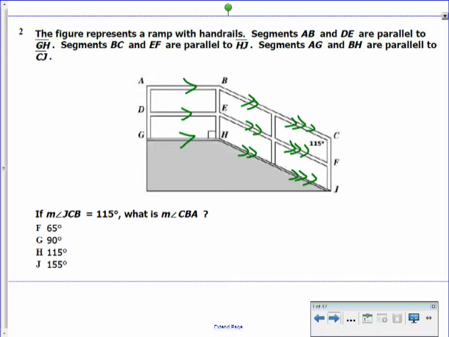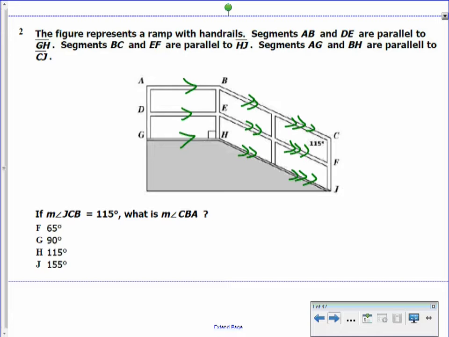And then, of course, we have our transversals that are the vertical bars that are holding up our railings. So they said if JCB is equal to 115, and they marked that on a diagram for us, which is nice, what is the measure of CBA?